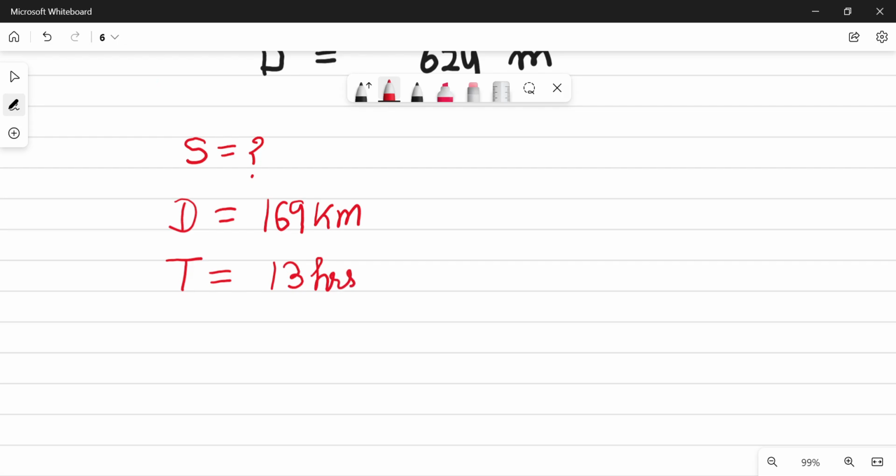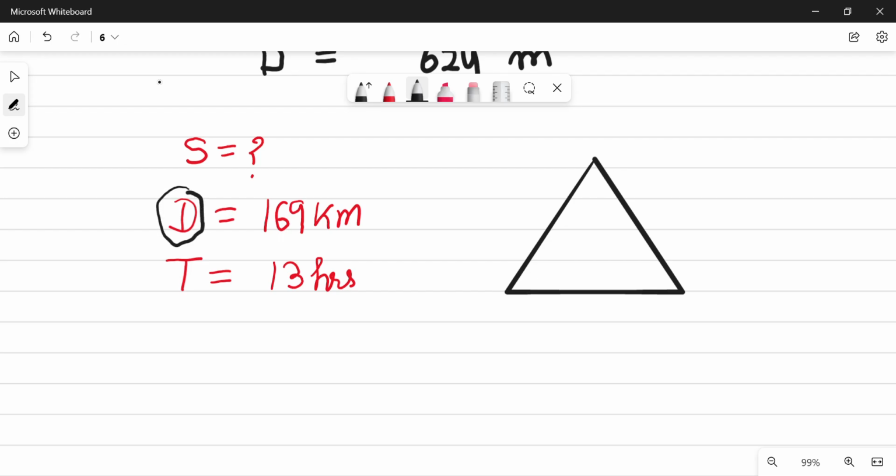So let's start from the triangle. If we have a triangle में देखो, in alphabetical order D comes first. तो D first आता है, we will write D on the upside, and SOT we can write on the downside. हम नीचे SOT लिख सकते हैं। So we have to find the speed. Speed find करनी है, speed नीचे है, D ऊपर है, we will divide D with time.